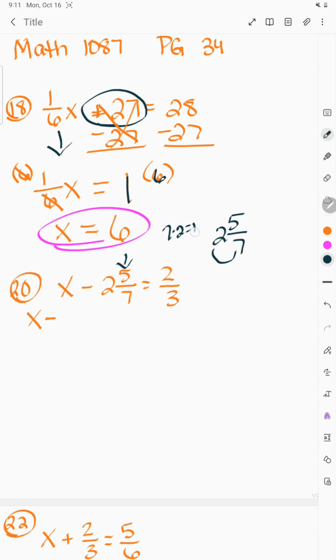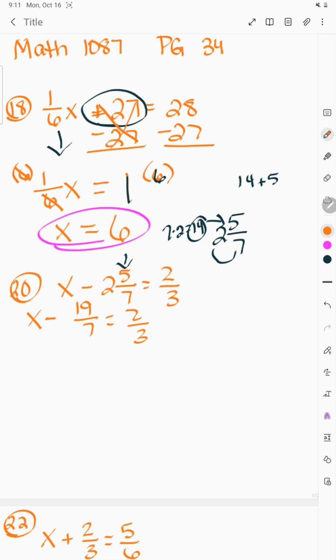And then 14 plus 5. That gives me 19. So 19 over 7 equals 2 over 3.